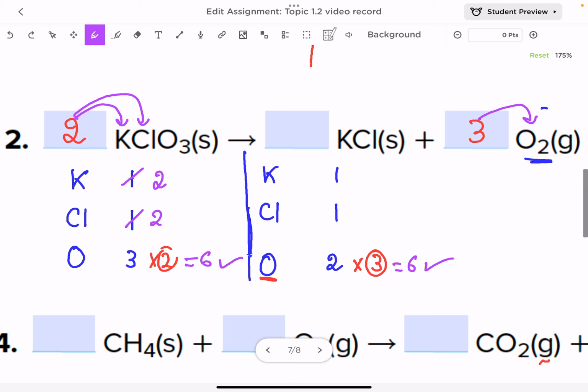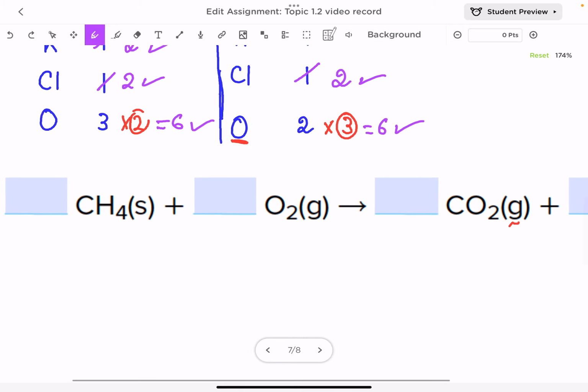Now oxygen is balanced, but as you can see, the potassium and chlorine are not balanced anymore. So if I multiply the potassium by 2 and place this coefficient here, I will obtain 2 potassium and 2 Cl. When I recount the Cl, now I have 2 Cl. All atoms are now balanced.